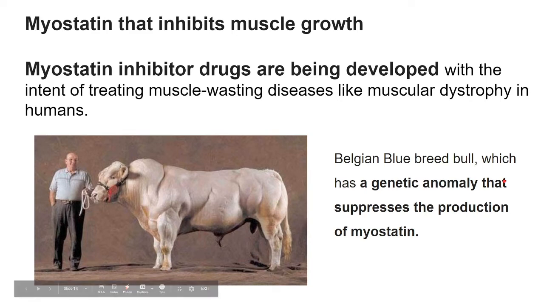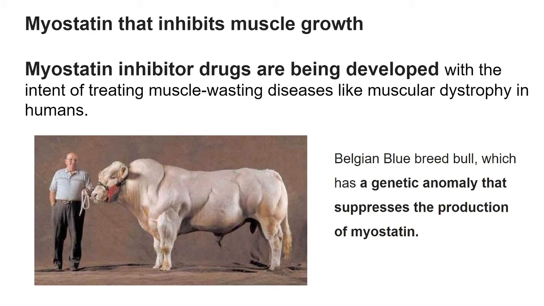Myostatin inhibits muscle growth. So it's kind of the opposite of your human growth hormone that increases muscle growth. The myostatin stops that muscle growth. So there are myostatin inhibitor drugs that are being developed with the intent of treating muscle wasting disease, like muscular dystrophy in humans, where basically the muscles just start to waste away and they aren't able to grow.